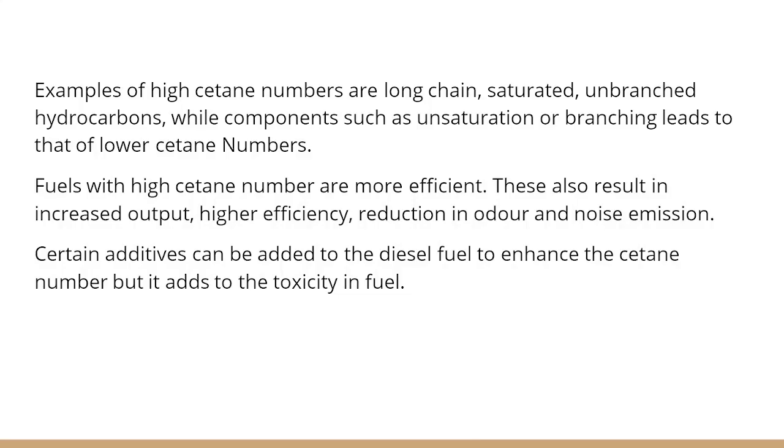Fuels with higher cetane number are more efficient. They also result in increased output, higher efficiency, and reduction in odor and noise emission. Certain additives can be added to the diesel fuel to enhance its cetane number, but they add to the toxicity of the fuel.